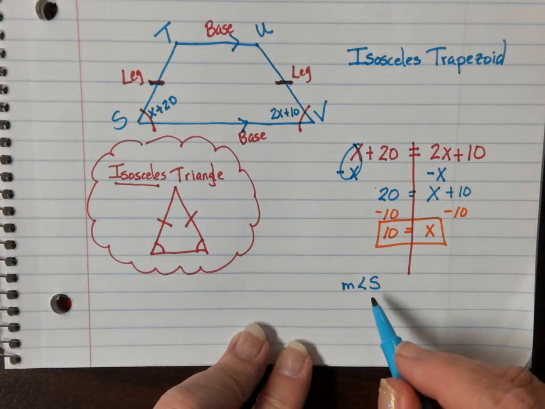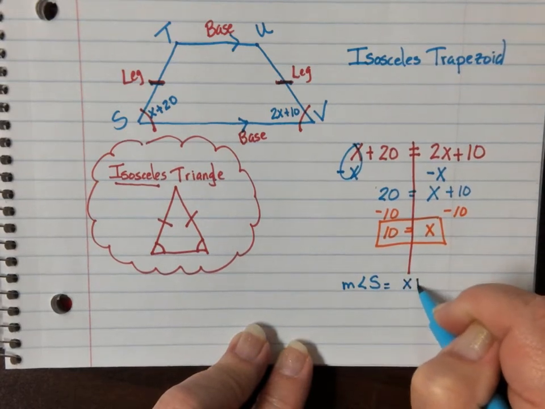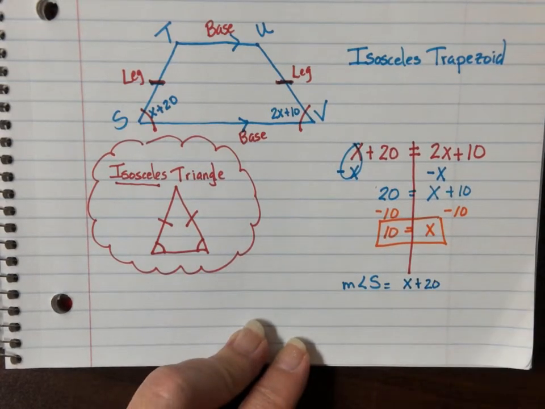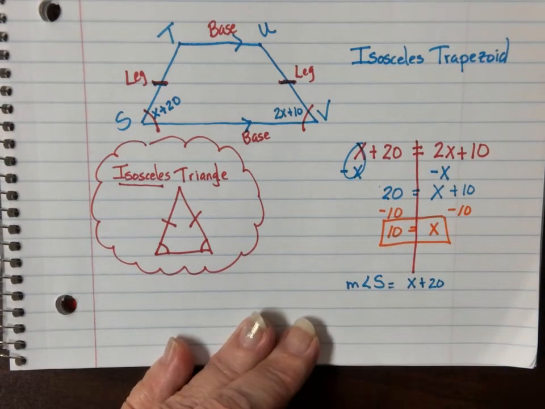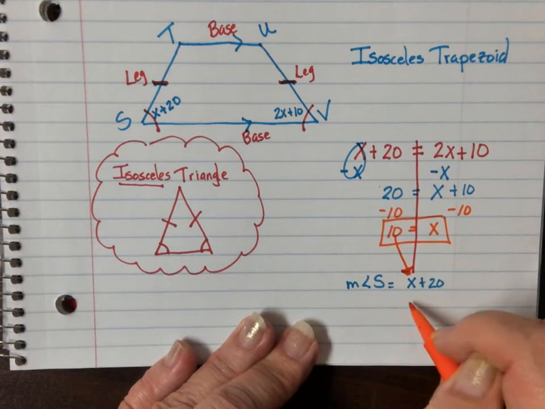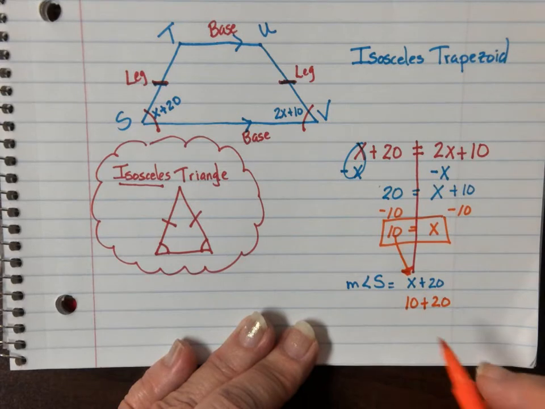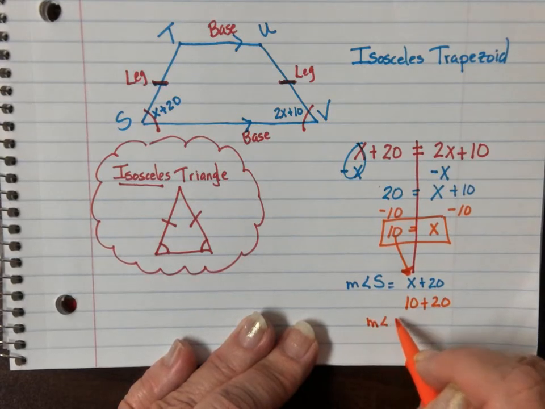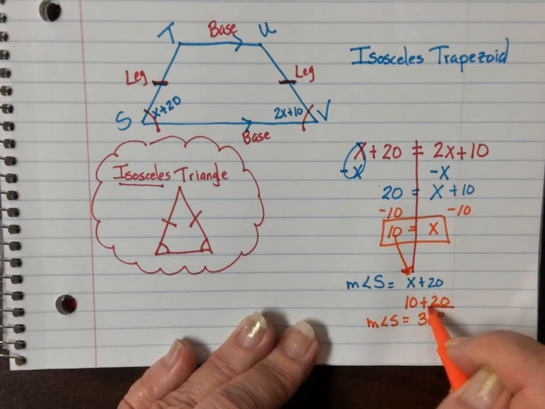So all you do is you look at S, the measure of angle S is x plus 20, and this is where you're going to substitute. This 10 is going to come in place of the x, 10 plus 20, so the measure of angle S is equal to 30 degrees.